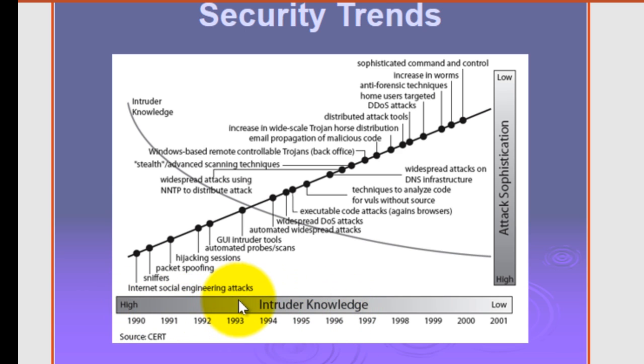So how have the different attacks grown from 1990 to 2001, and how has the technology improved to counterattack these attacks and the intruder's knowledge? According to the trends, the attacks are much more sophisticated than the technology improved for counterattacking.